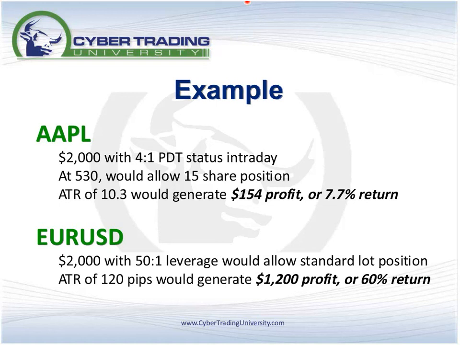It's like 0.012 is what 120 pips on the euro dollar looks like. But that movement would generate you a $1,200 profit with your standard lot position, or a 60% return against that original $2,000. Now, obviously, leverage can work both ways, so you have to be careful with your risk management.